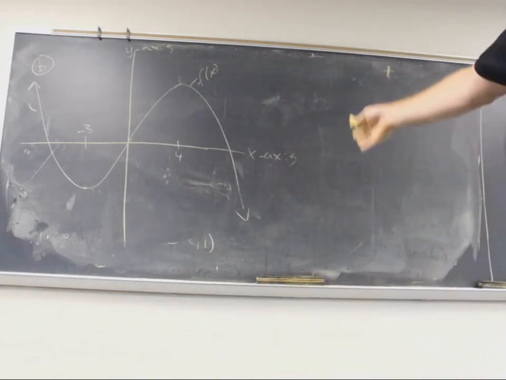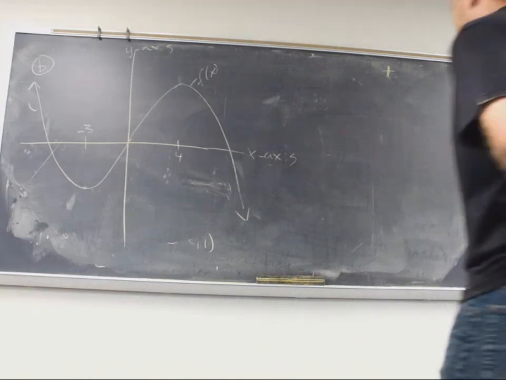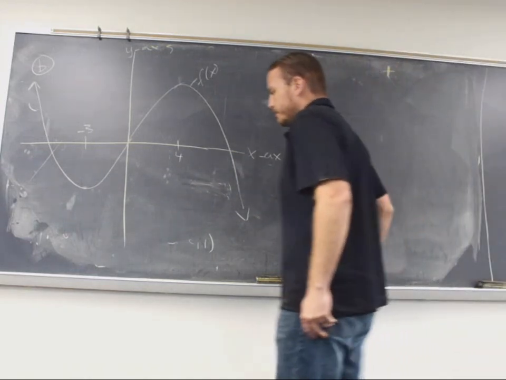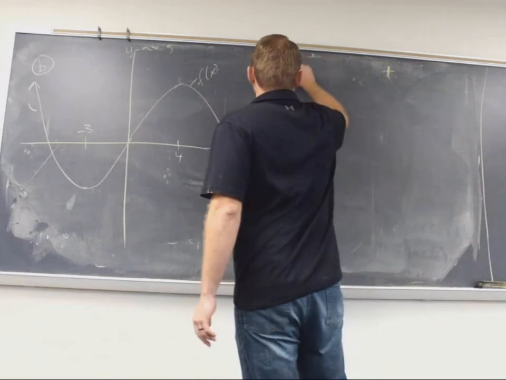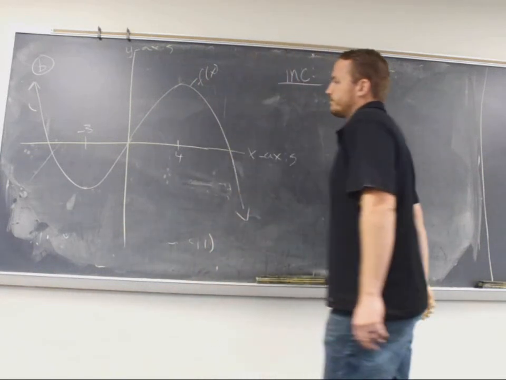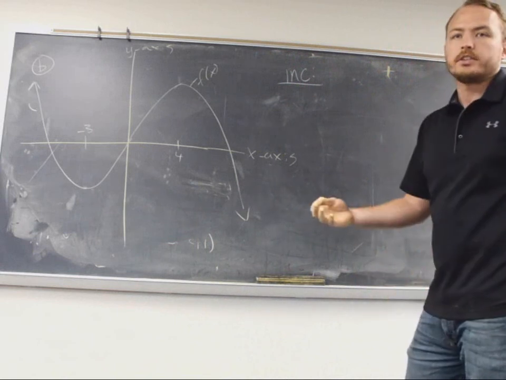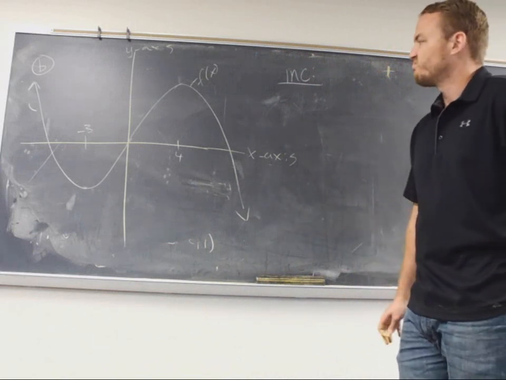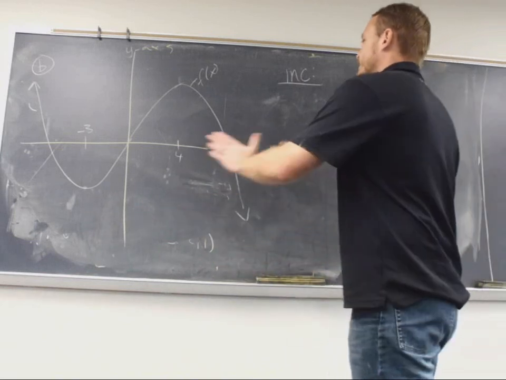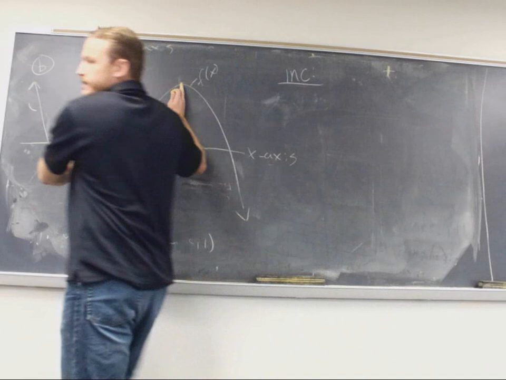right, so try to do increasing and decreasing and constant yourself here. Just pause the video and give it a try. So I'm going to start with increasing, just because, well, I like to. And if you want to do it differently, that's okay, just as long as you understand the concept and you can get the correct answer. So increasing, we're reading this left to right, we look and it's increasing from here to here.